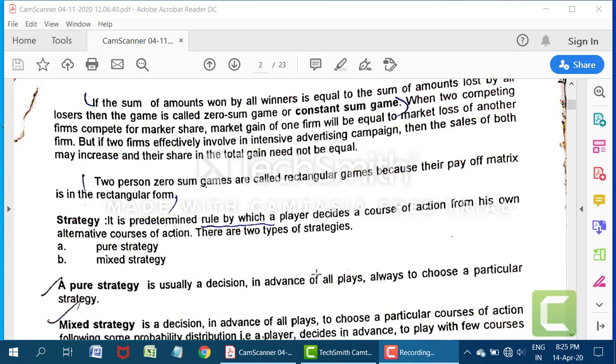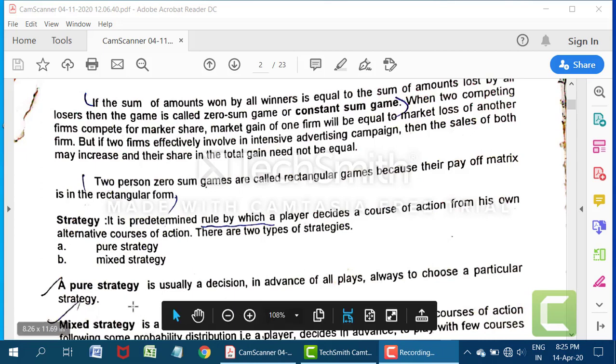Let player A have three strategies, player B have three strategies. A will have definitely one pure strategy, B will have one best strategy. If both the players have only one best strategy each, that is called a pure strategy game.